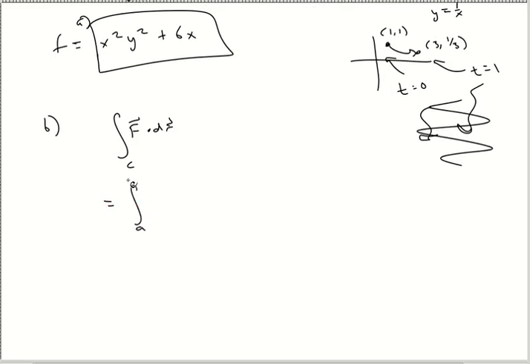This is actually A to B. Those are just points, I guess you can say. So from A to B of grad f dot dr. Notice that I'm replacing this guy here with grad f. Sounds good. Okay, great.